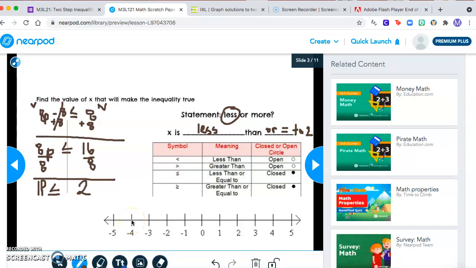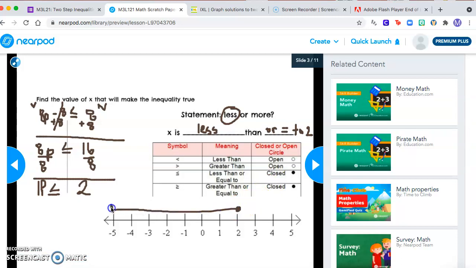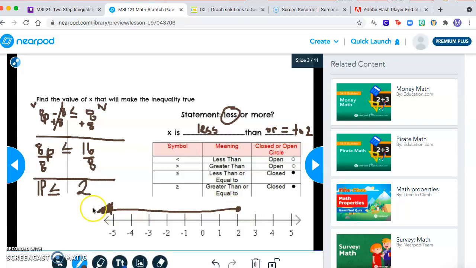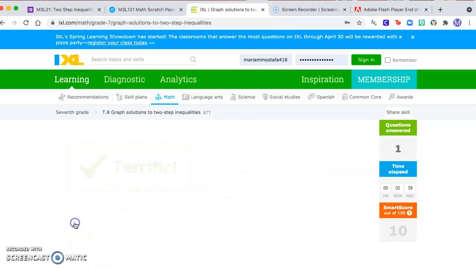And just to remember that when you are graphing this, this is less or equal to, so your circle is closed, which means we go to 2, we close the circle, and we highlight it to all the numbers that are less than 2. So the circle is closed, we highlight the numbers that are less than 2, and then we could go ahead and submit.